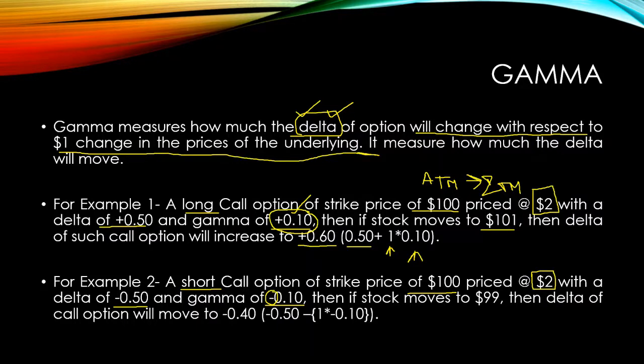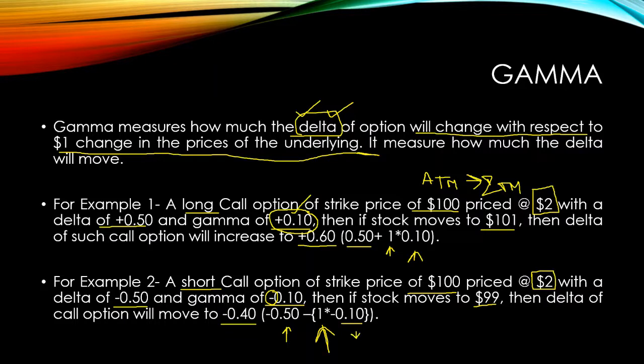So again, if the stock moves to $99, a $1 fall in the stock, my shorted call option moves from at the money to slightly out of the money. So the delta of such a call option will now be 0.40. How is this calculated? 0.50 original delta, $1 change in the stock price, and 0.10 was the gamma.